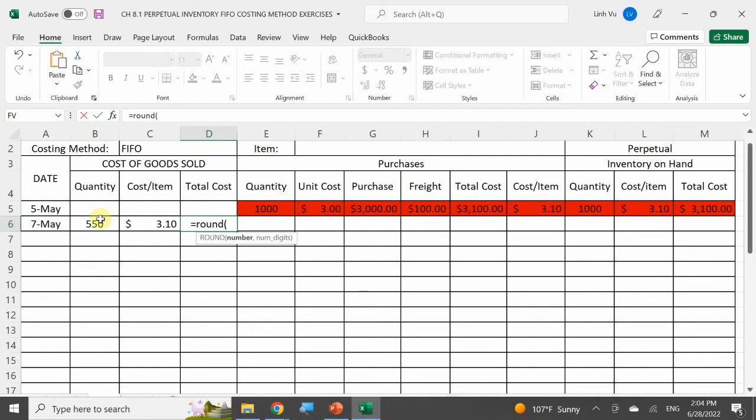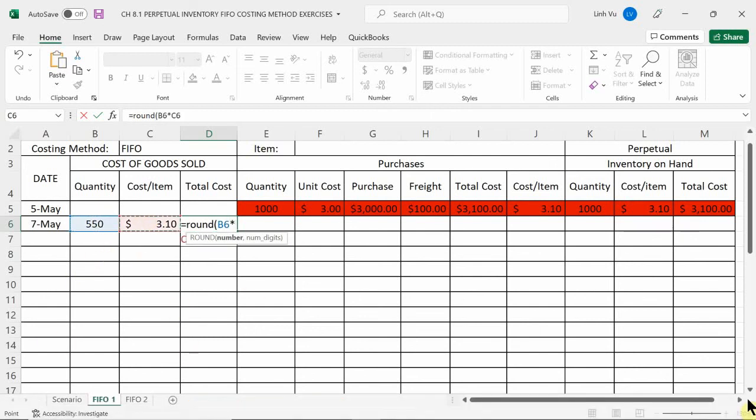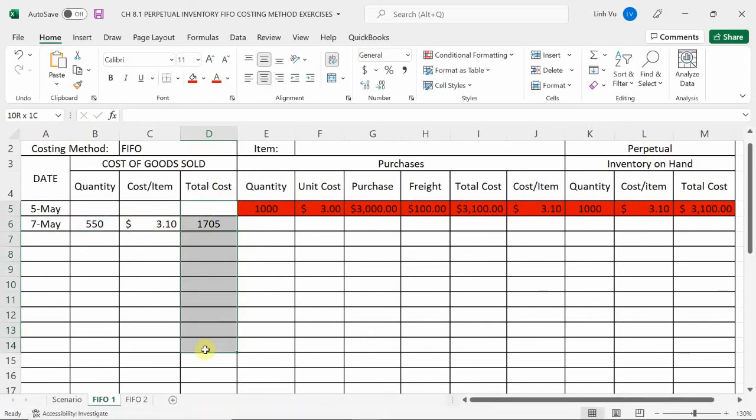Okay, I want to know what 550 times $3.10 is. Comma, 2 decimal places. Good. $1,705. All right. So once we have that right, this is my red batch.